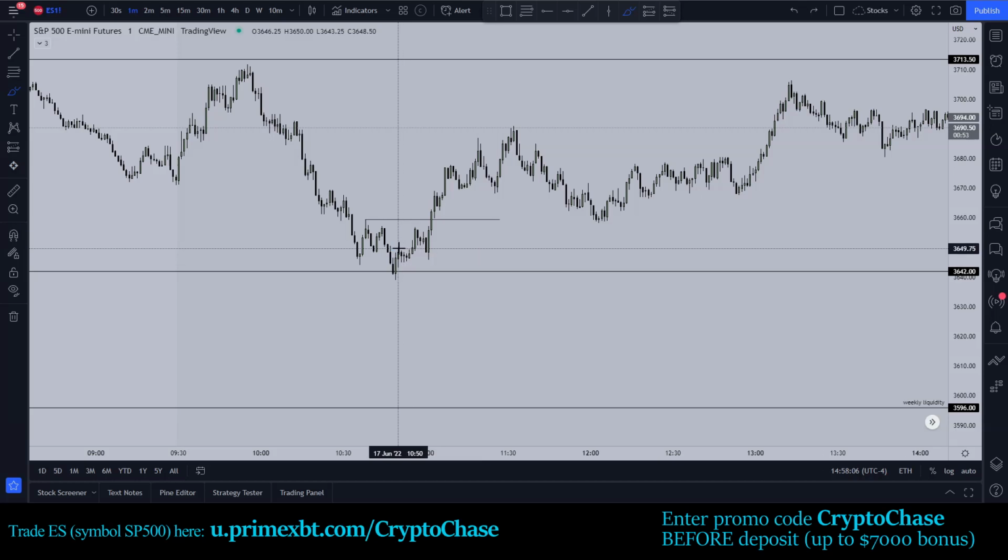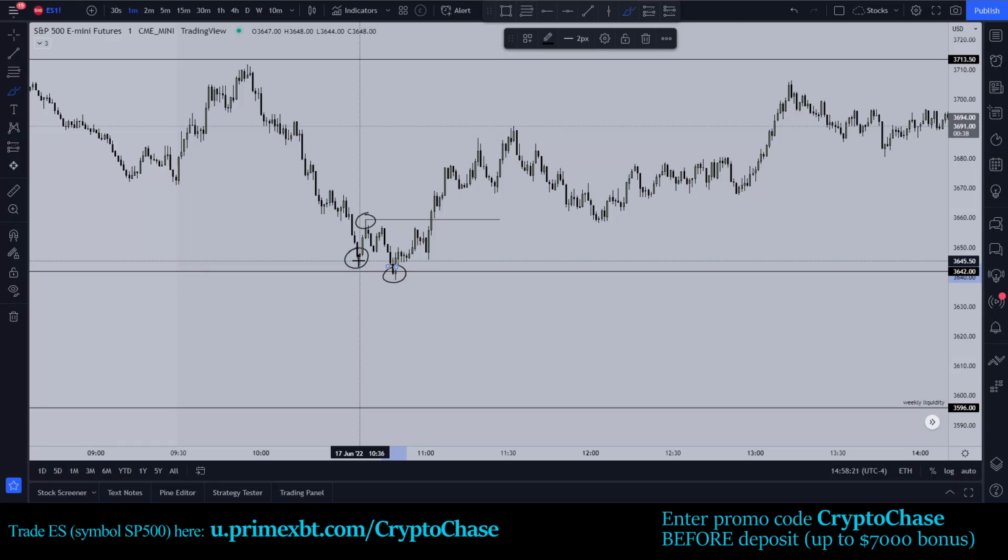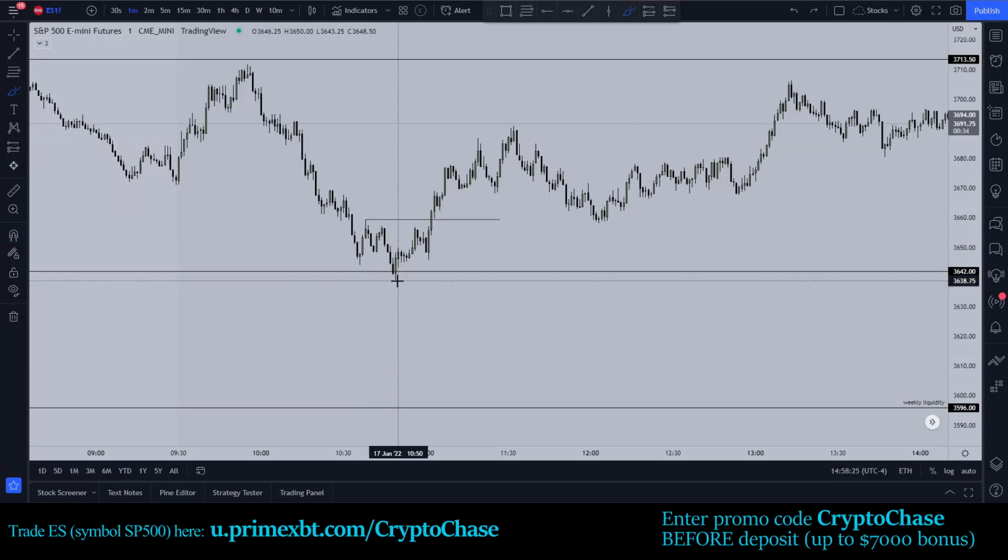Cool. But what if you put in this high and it just goes lower? Then you don't have a market structure break. You have to use the previous low's high before the lower low. The previous low's high, okay? The previous low's high before the lower low.